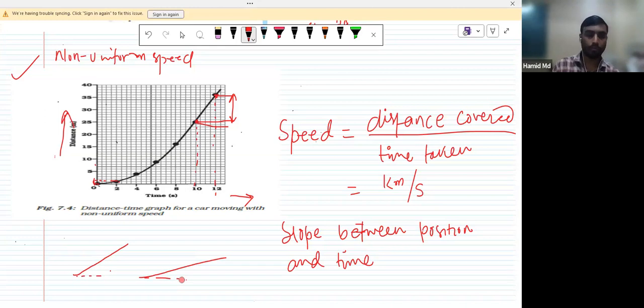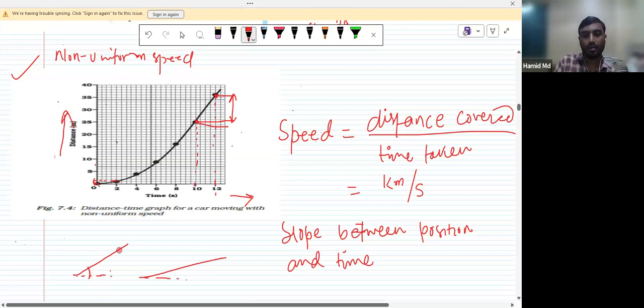Yes. So if we have to find a slope, what will we do? We will see the y-axis. We will measure this axis and this axis, the y-axis, and then we will divide both and we will get a finite quantity, right? In this example, we will measure the y-axis, the distance, and then the time on this axis.